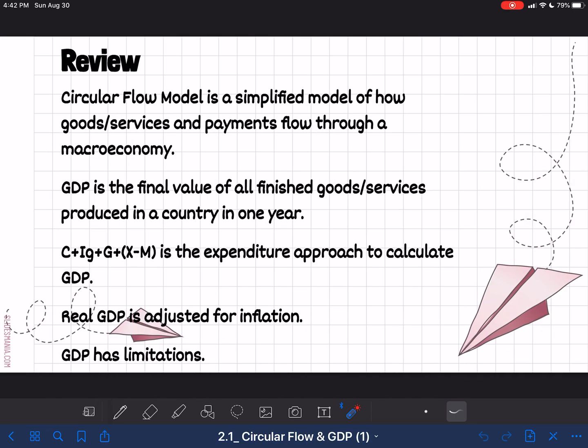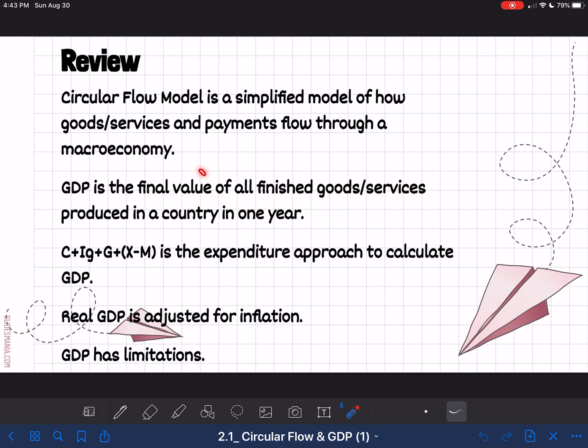So a quick review of circular flow and GDP. Our circular flow model is a simplified model of how goods and services and payments flow throughout a macroeconomy. Remember, there's two loops in our circular flow model, the loop of goods and services and the loop of payments. GDP is the final value of all finished goods and services.